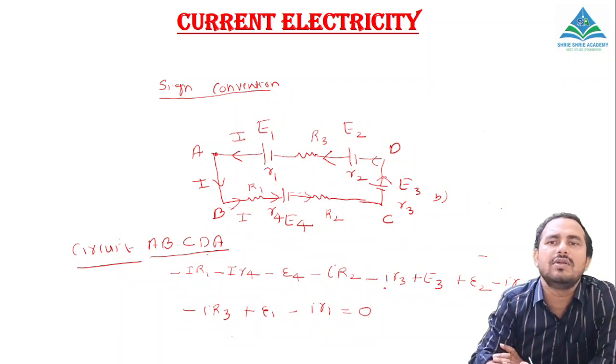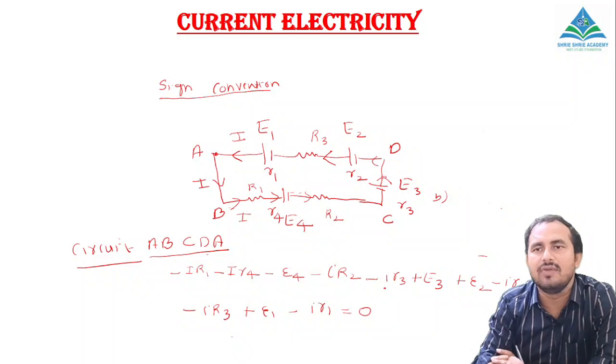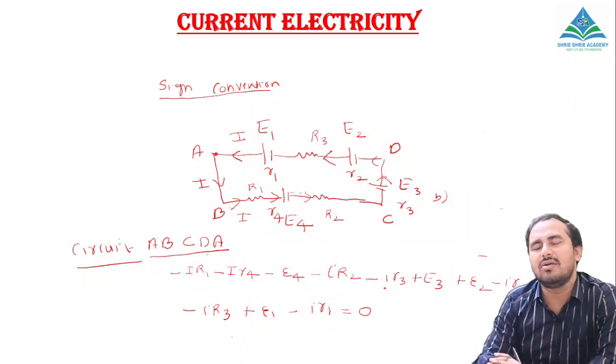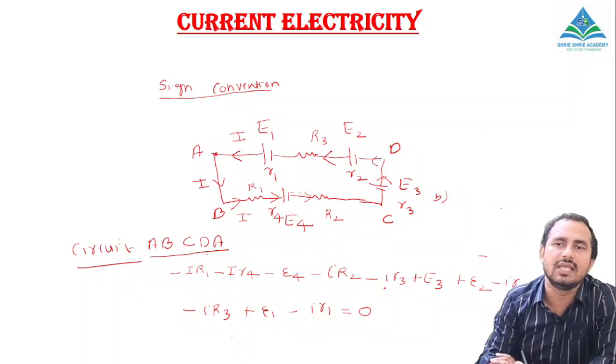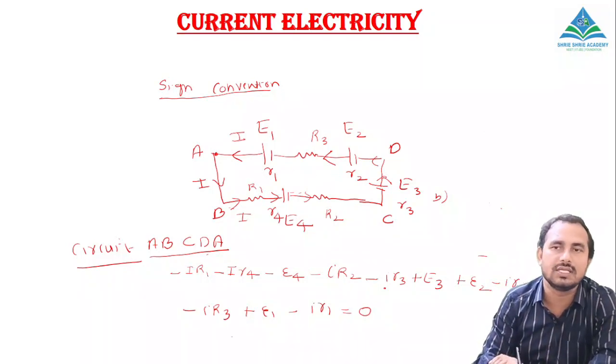We started from A and returned back to A, and we have got a long equation. It is not a difficult equation, because only one current I is there. In some situations we have to divide the current, but here the current is not divided.